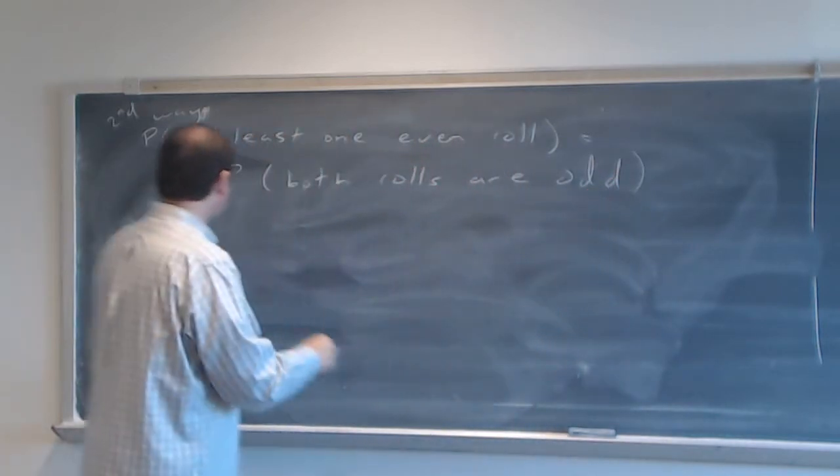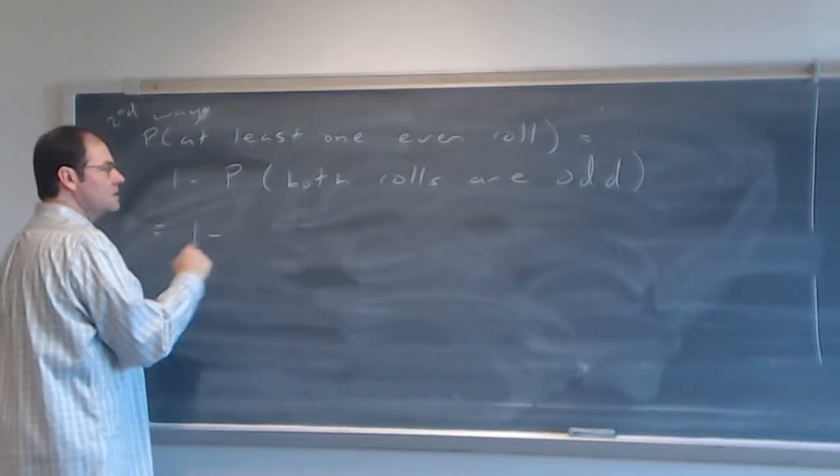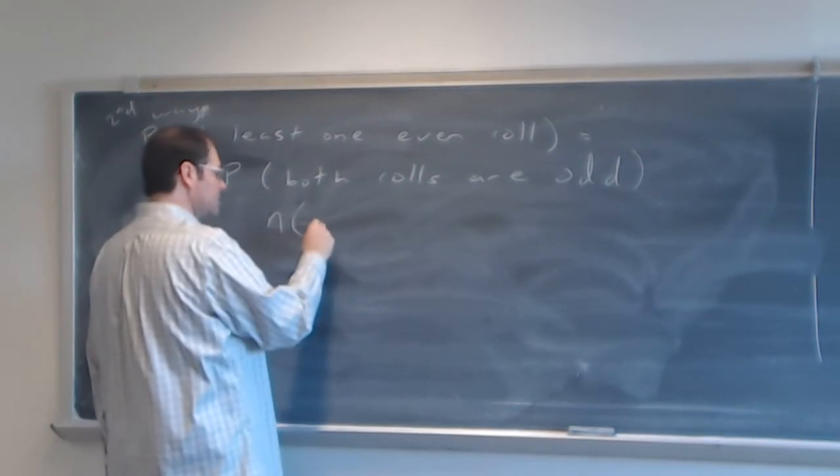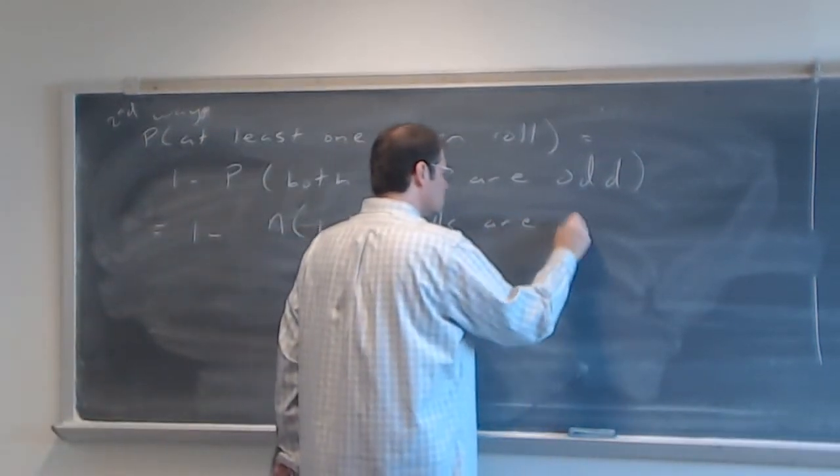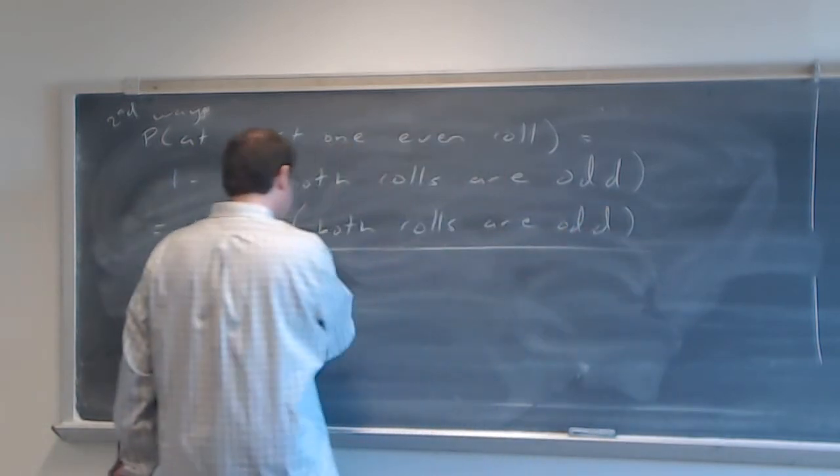This is equal to 1 minus the number of ways that both rolls are odd over the number in the sample space.